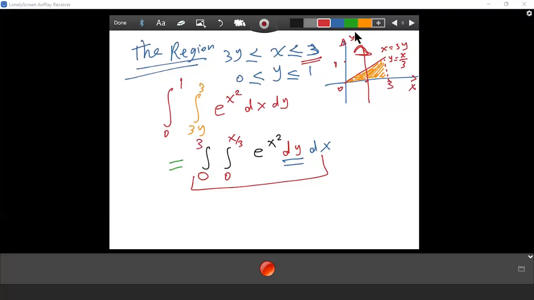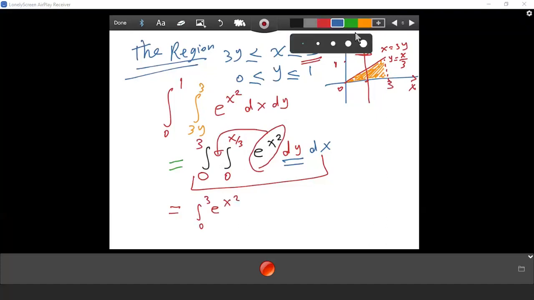Now I have no problem with this one, because I can take it behind, since I'm integrating with respect to y. So I integrate from 0 to 3, I get e to the x squared here, and back to my integration from 0 to x over 3 for only dy. After I finish this one, I will go back to integrate with respect to x.